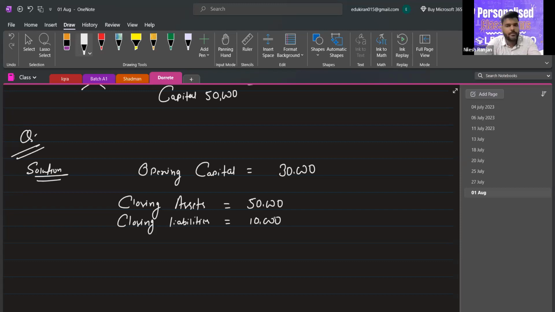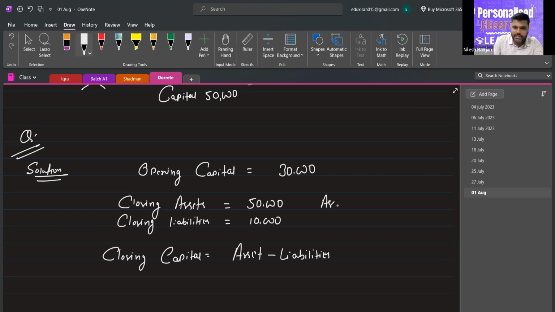But we only got the capital. No, we have not done the question. It is not completed yet. Okay, so closing capital now. For closing capital you need to use these assets and liabilities. The formula for capital is assets minus liabilities. Actually, how did we get this formula?